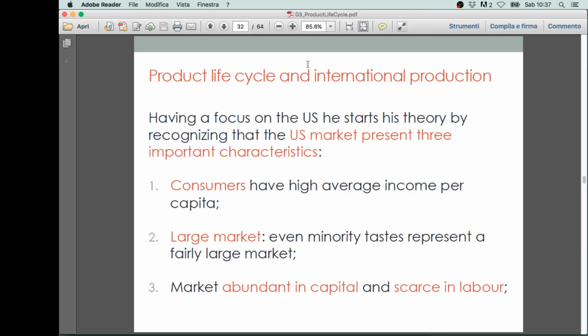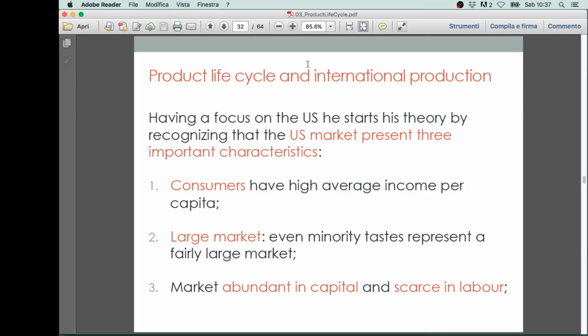He starts his theory by recognizing that the US presents three important characteristics from the economic point of view. First of all, it has consumers with a high average income per capita, so US consumers are relatively rich. Secondly, the US has a very large market, which means that even minority tastes, meaning tastes of marginal consumers, represent fairly large markets in absolute terms.